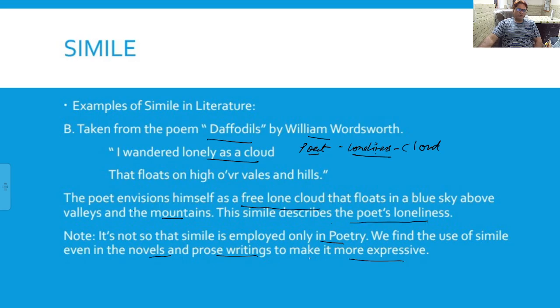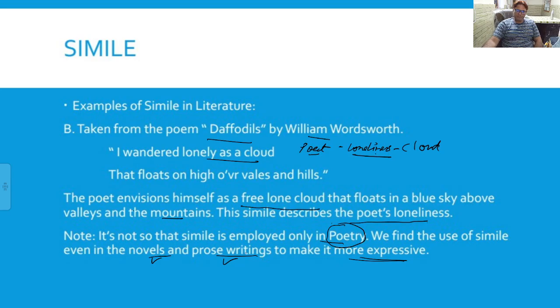So if you have the question why simile is used, then you can say that simile is used to make a writing more expressive. One thing is clear: simile is not used exclusively in poetry, but we can also find the use of simile in novels and in prose writings.